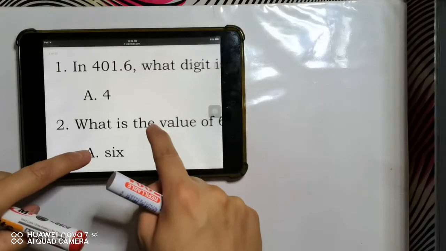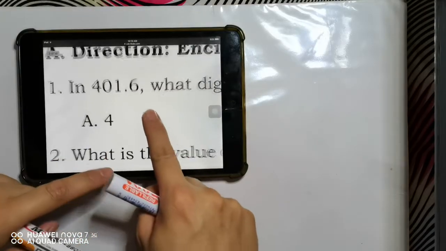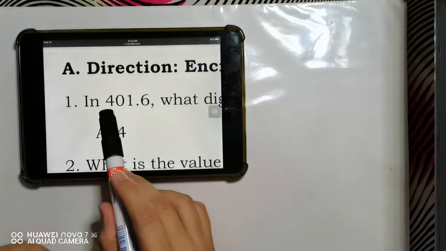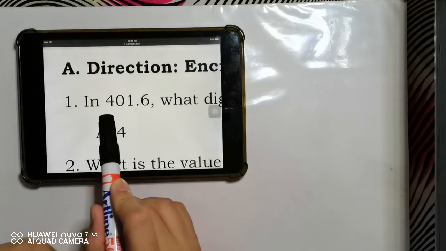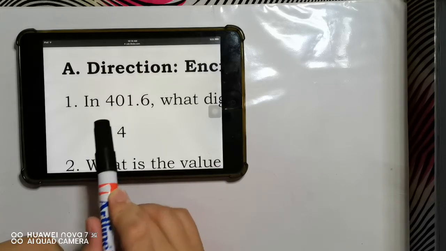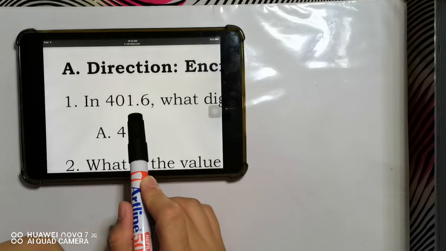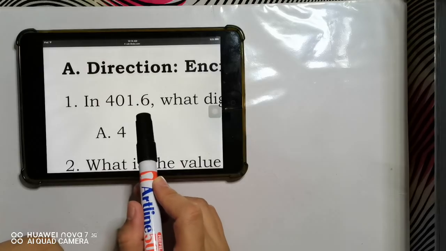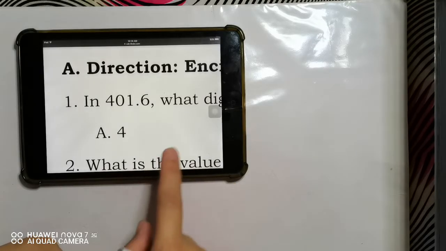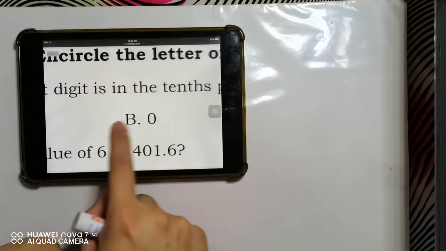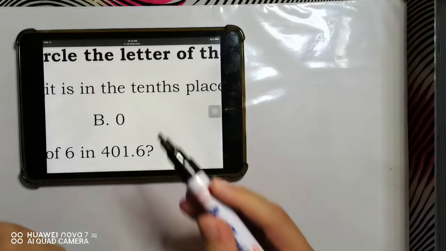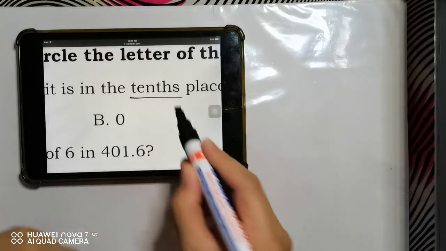Okay. Let us focus on the number. Ito, 401, this is whole number. We have here the decimal point. So the numbers that come after the decimal point going to the right, they are now the decimals. So ang tinatanong sa atin, what digit is in the tenths place? Tenths daw.